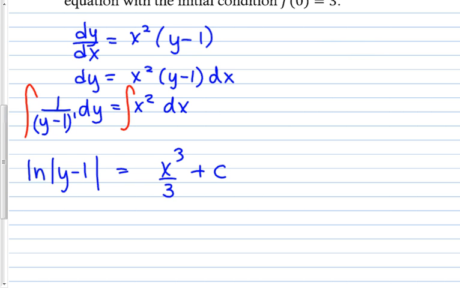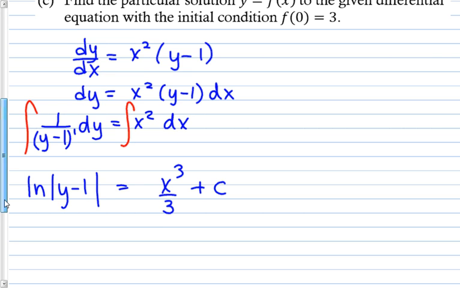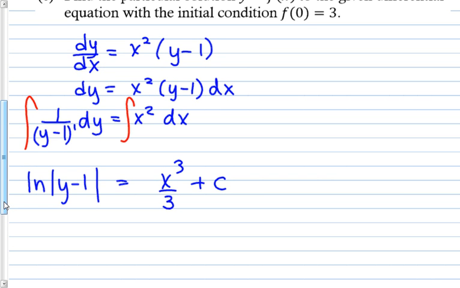Plug in the values they gave us. They gave us f of 0 is 3, so x is 0 and y is 3. So the natural log of 3 minus 1 equals 0 cubed divided by 3, so 0, plus c. So c is the natural log of 2.